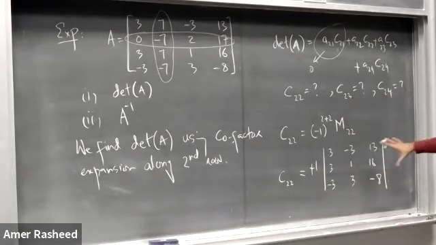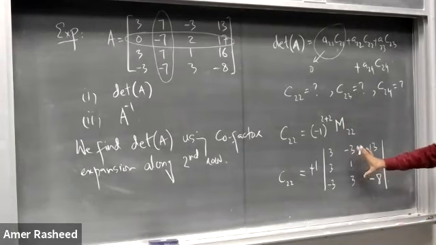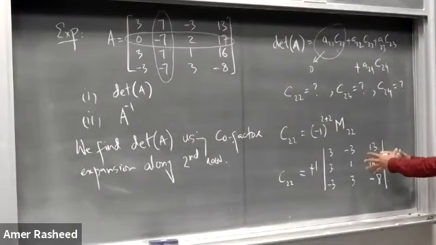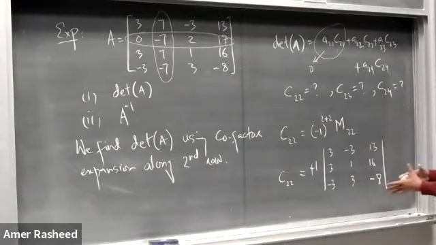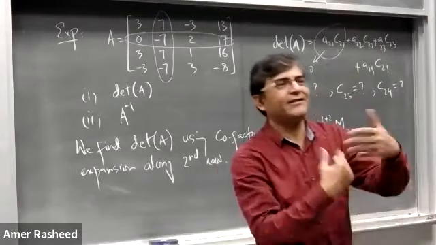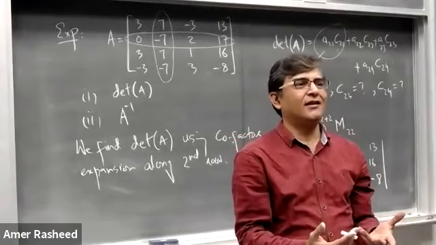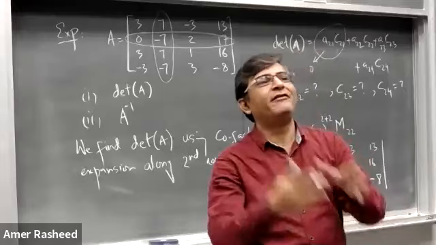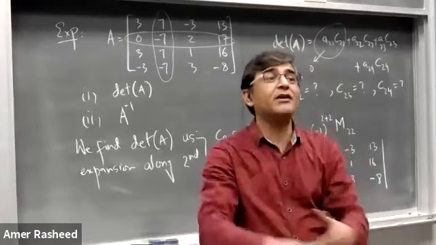Now, still you have a 3 cross 3 matrix. You cannot calculate this determinant straightforwardly. You have to consider this again a matrix, and you have to write another cofactor expansion along any row or any column of this matrix in order to further compute the determinant.